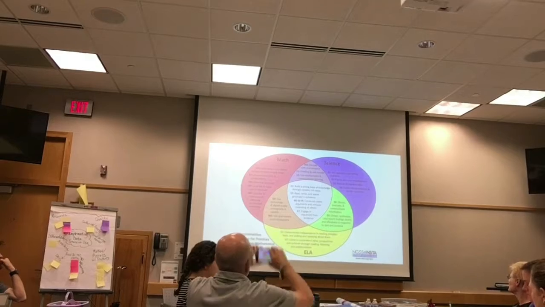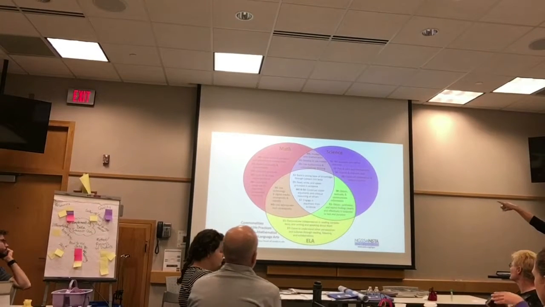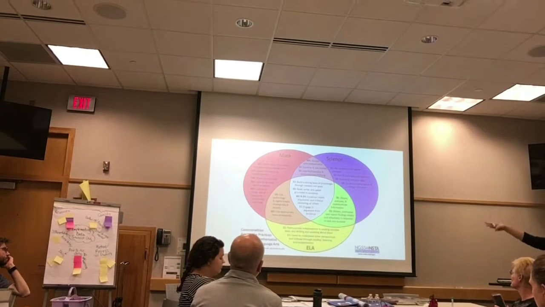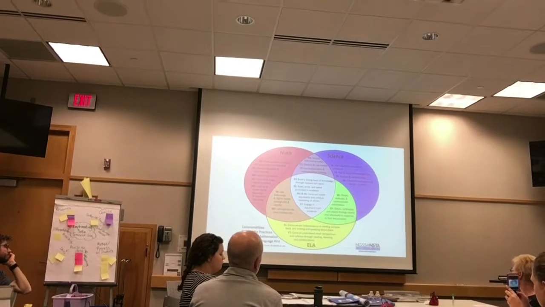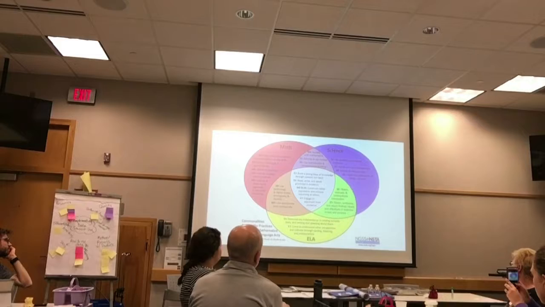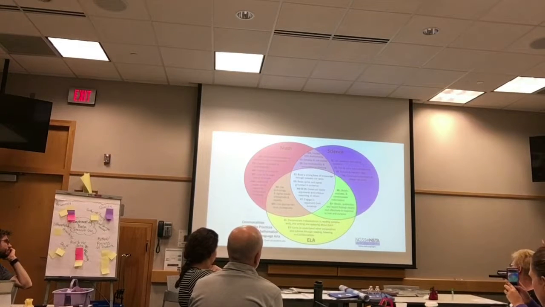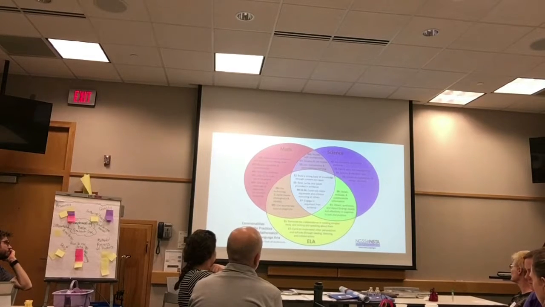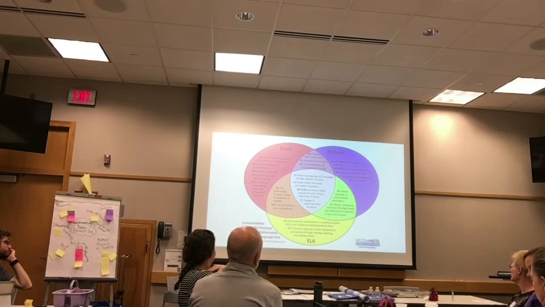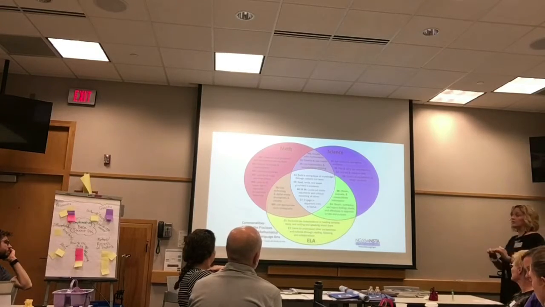You can see where math and science overlap at the top, where ELA and math, and science and ELA overlap. And in the middle is where all 3 overlap. What you'll find in the middle are typically using rich text, speaking and listening, constructing arguments and reasoning, and engaging in argument from evidence. And those pieces are what students are going to have to do with the data to make sense of it.